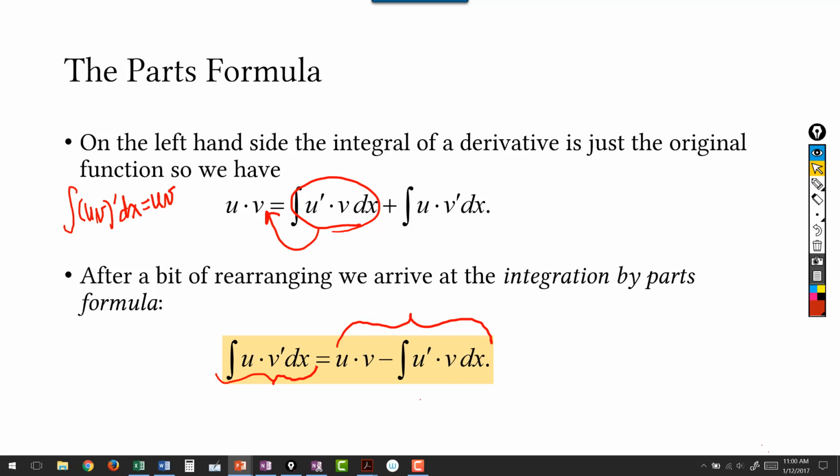Now it doesn't appear here like we've done any good, but the big idea underlying the method is that in our examples, we'll set this up so the integral on the right is an easier integral to do. So that's the goal.